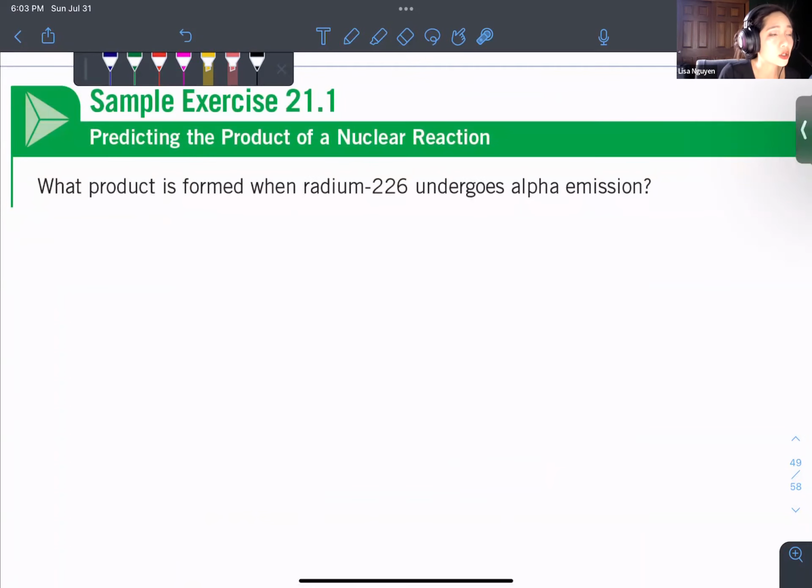Radium tells us what element it is, and since we have our periodic table, we know how many protons radium has. That second number is the mass number, meaning the sum of the protons and the neutrons within that nucleus. It doesn't have 226 neutrons.